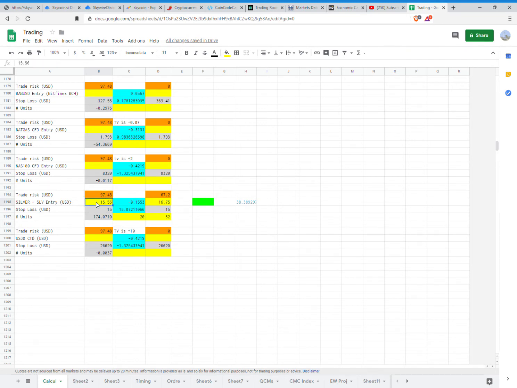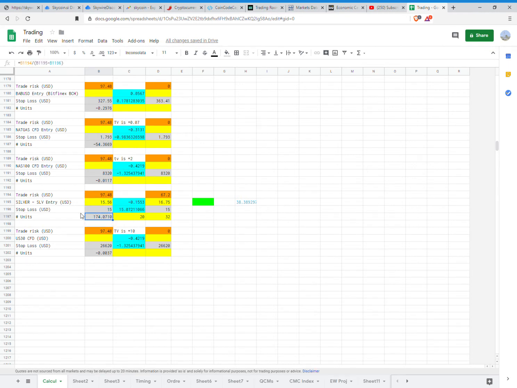This is the current price of this market. This is the stop loss that I've defined. And from these cells, the number of units that I could be trading is 74 and some odd fraction, based on the calculation of this divided by this minus this.